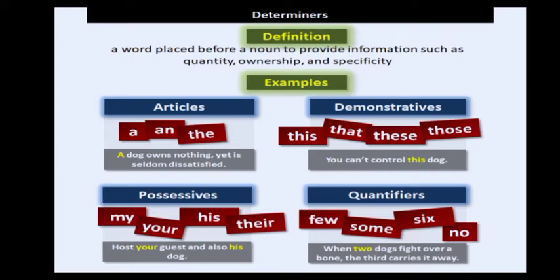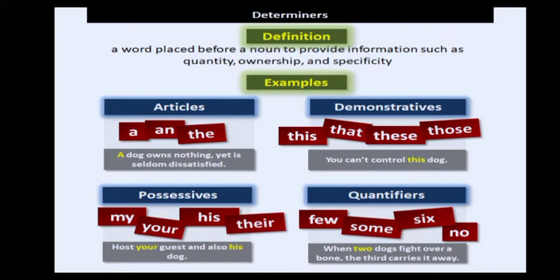So quantity is nothing else but a number that can be counted. Suppose I say, there are few drops of water left in the glass. Few is telling you the amount of water that is present in the glass. So how can you identify a determiner? By the quantity. It tells you the quantity of a noun.